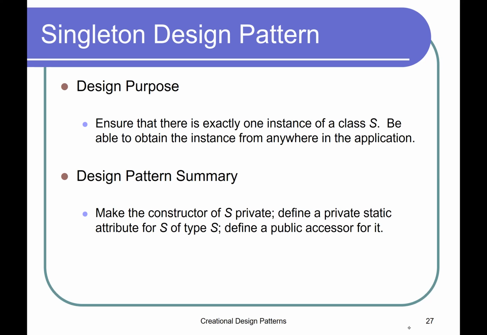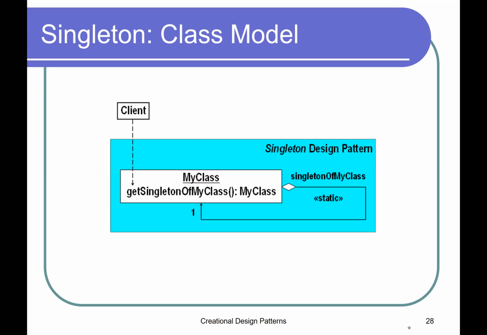How do I do that? I make the constructor private, define a private static attribute for it, and define a public accessor for it. So anybody who wants it has to go through the static class. Again, that probably makes absolutely no sense.